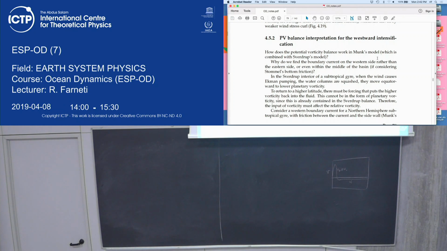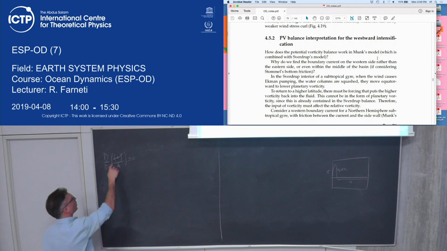But you can understand the presence of a western boundary current simply by looking at potential vorticity conservation. Okay. Which again is not the reason for a western boundary current, it's just a way of balancing vorticity. Okay, you have the PV equation and you just need to balance planetary vorticity.